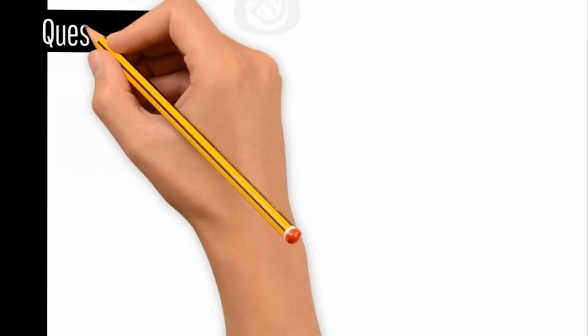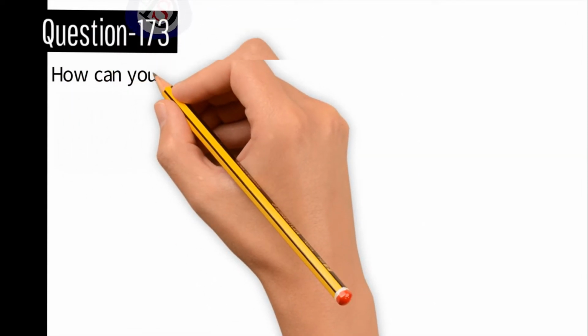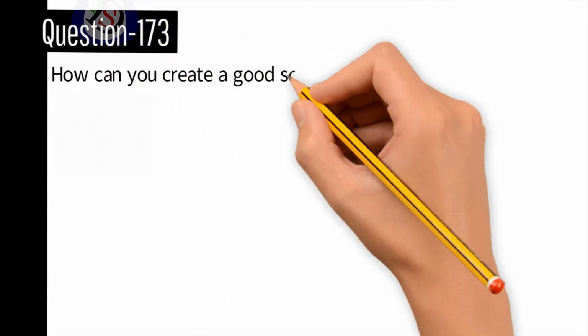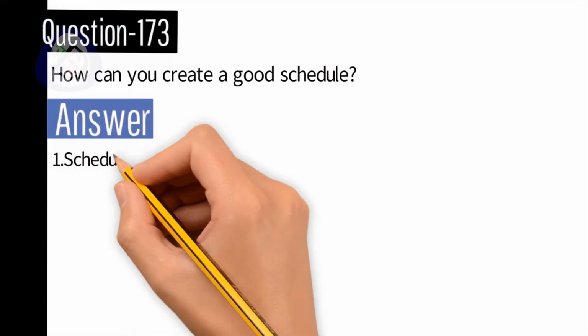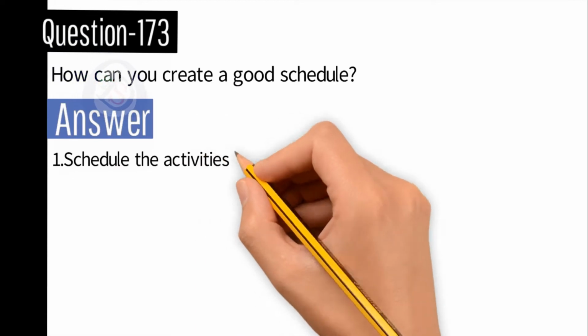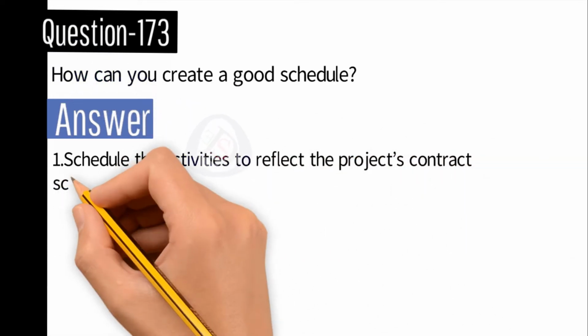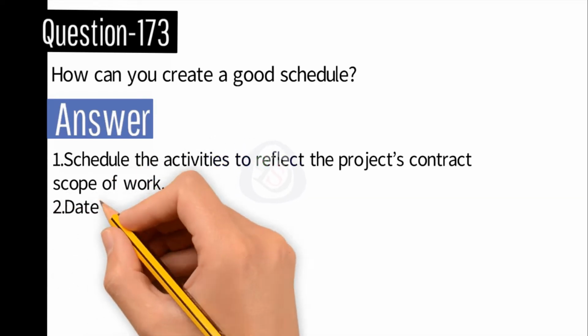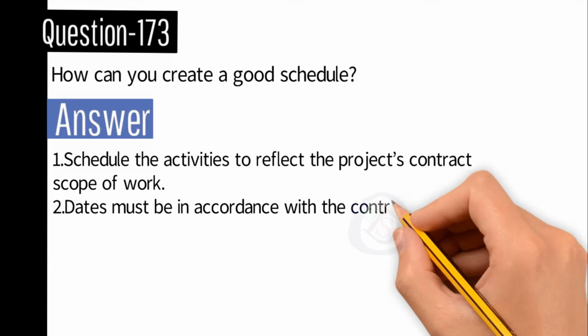Question number 173. How can you create a good schedule? Answer. Number 1. Schedule the activities to reflect the project's contract scope of work. Number 2. Dates must be in accordance with the contract.